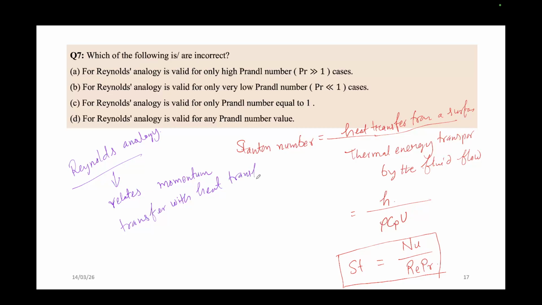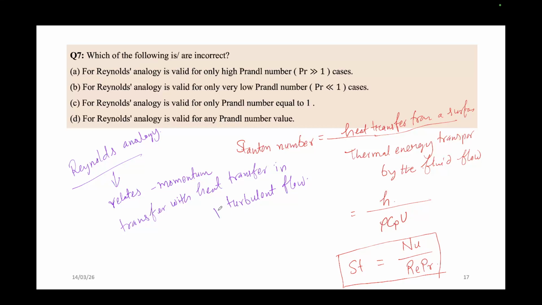So basically, how much flow is there and how much heat transfer is going on, that information is given by this analogy, but only in the case of turbulent flow. Generally, here we assume that both the fluid flow momentum and the heat transfer are equal. So it basically represents that both the momentum and the heat transfer are equal.